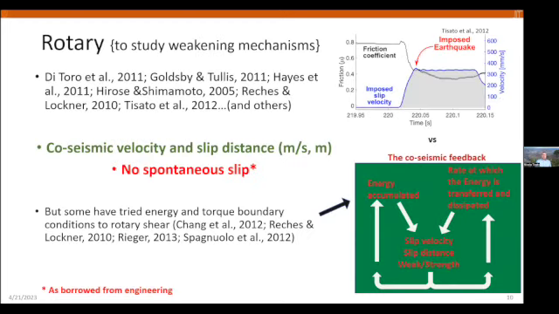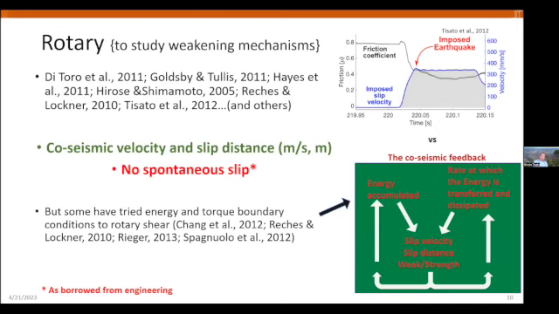So therefore, in the past, people have been devising different kinds of machines from stick slip and started experimenting with velocities much higher than those borne by stick slip experiments.